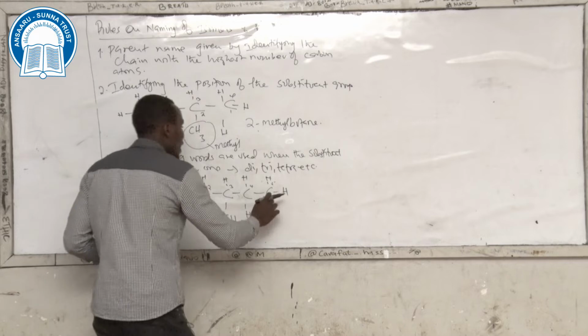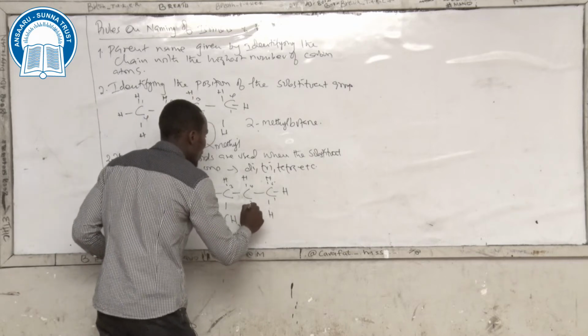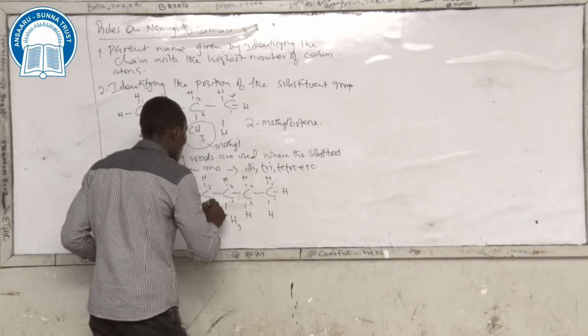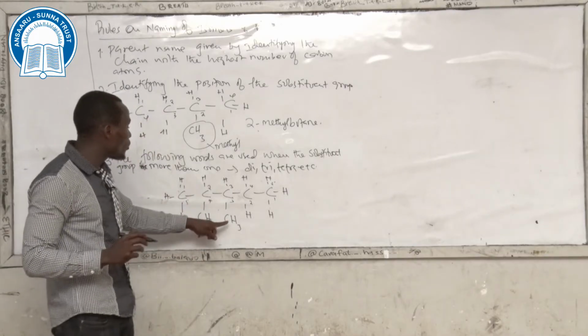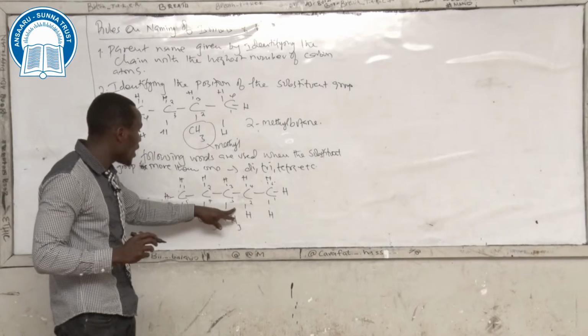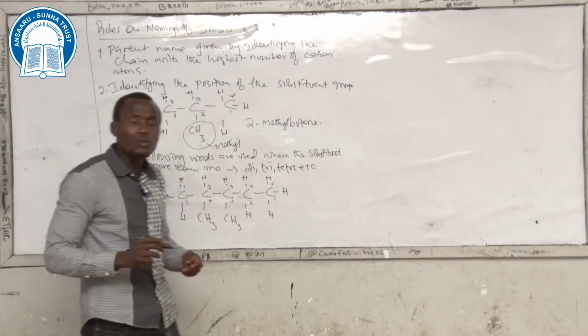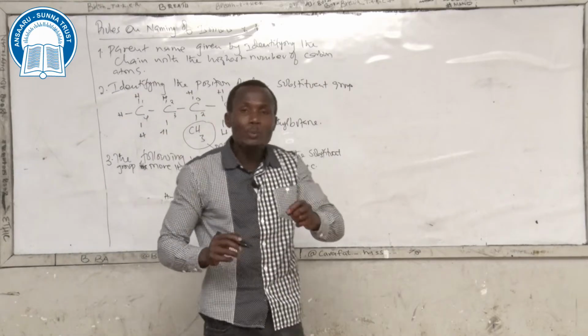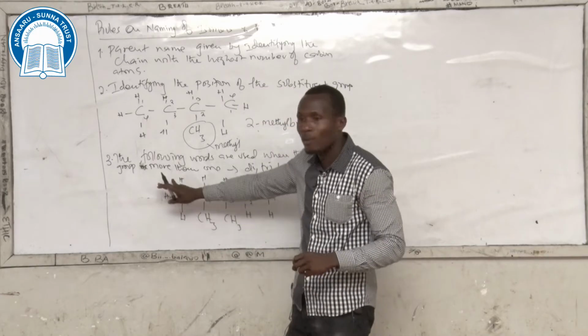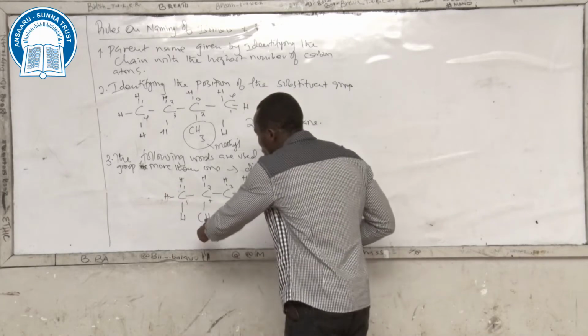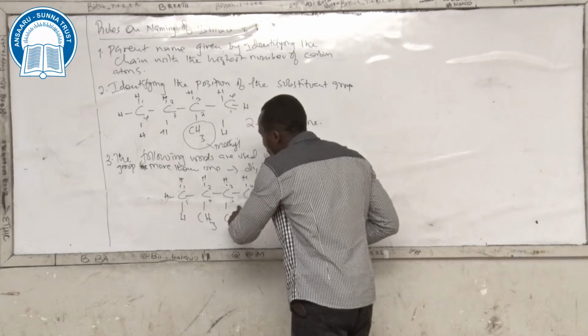If we start from the other end, this is carbon number 1, 2, 3, 4, 5, and the substituent groups are found on carbon number 3 and carbon number 4. Therefore, the substituent groups are nearer when we start naming from the first end, on carbon number 2 and carbon number 3.